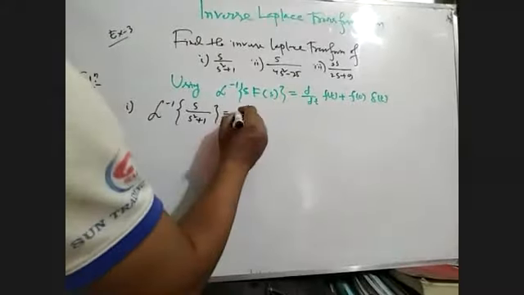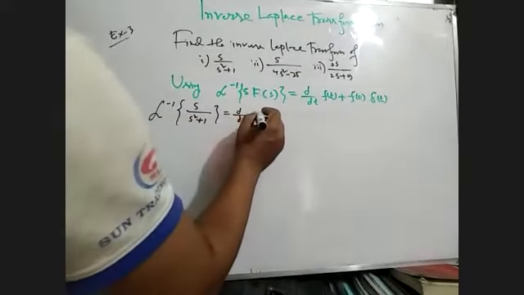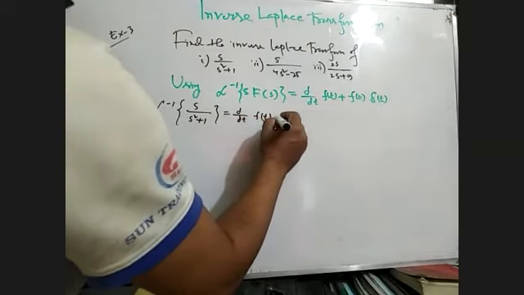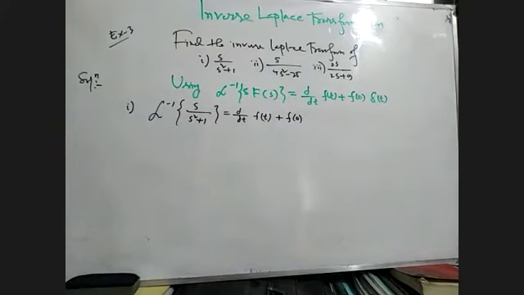So the first example is the inverse Laplace transformation of s divided by s square plus 1. How can we find this? Using the multiplication by s property, this can be written as d/dt of f of t plus f of 0 into del t.